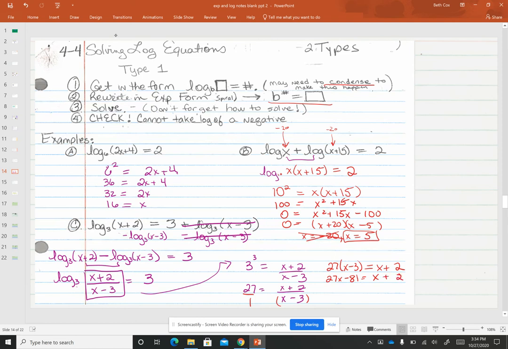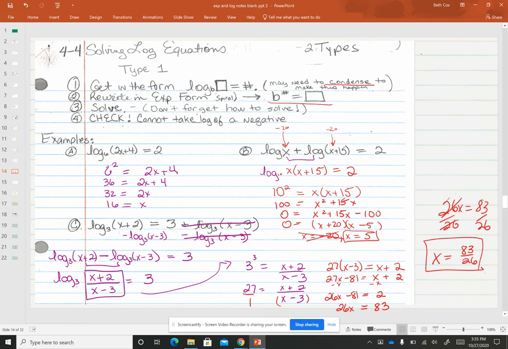I'm going to combine my like terms. I'm going to subtract x on both sides. I'm going to get 26x minus 81 is equal to 2. Add 81 to both sides. I'm going to get 26x equals 83, and I get a really crazy answer, 83 over 26, which is correct, by the way.